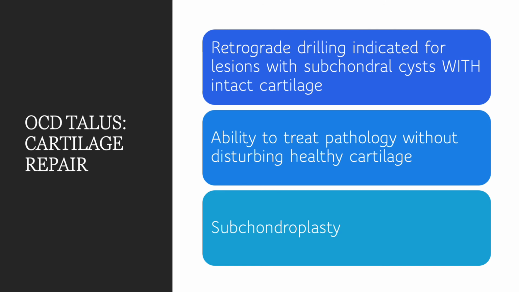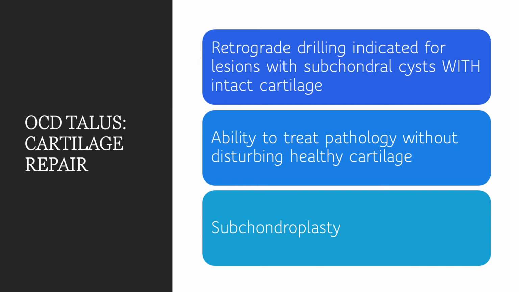Retrograde drilling is typically indicated for lesions with subchondral cysts with intact cartilage, so it allows you to treat the pathology without disturbing the overlying healthy cartilage. Subchondroplasty would fit into this category.